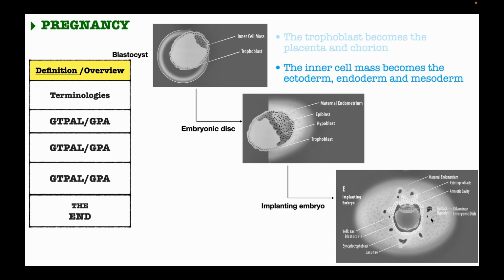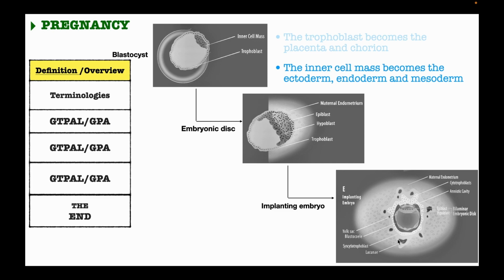Now, the main function of the HCG is to maintain the corpus luteum until the placenta is developed enough to take over the production of progesterone. And so these are the series of events which take place whilst implantation occurs. And as you can see, we also have the yolk sac which is formed over here.